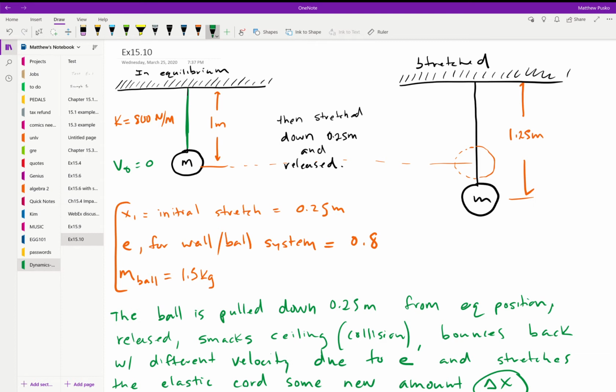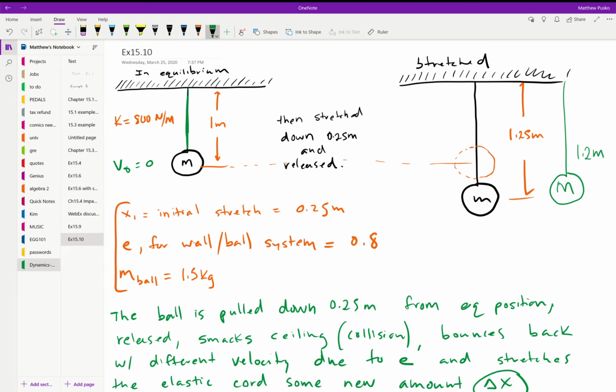meters, and we're going to release it, and it's going to fly up with some velocity, smack the ceiling, come back down right after the collision with a new velocity, and return to some other position, but probably not quite as far as it was before, right? So maybe 1.2 meters?